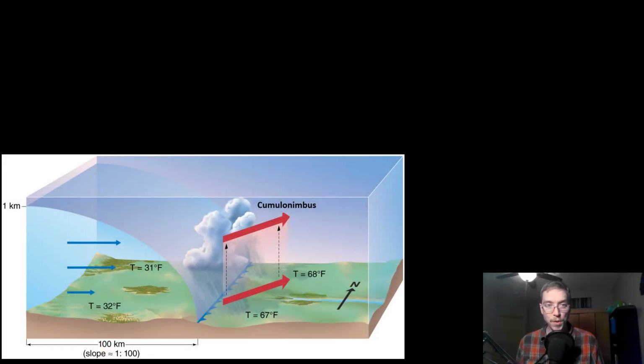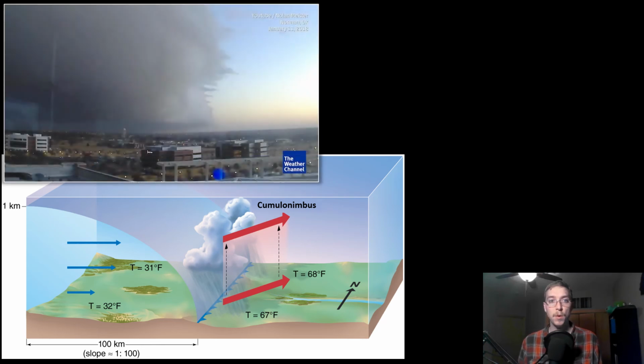Frontal systems also play a big role. So here you can see as this front is moving into the warm air mass, we're seeing the development of cumulonimbus clouds on that leading edge. These bigger clouds form as a result of the steep gradient of a cold front moving into a warm air mass.